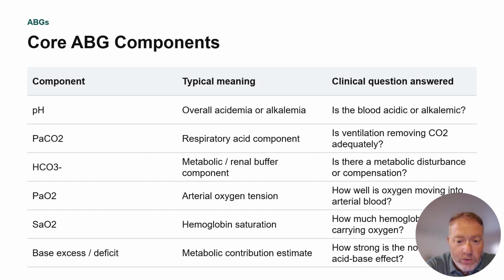Your PaO2 is your arterial oxygen tension, so how well oxygen is moving into the arterial blood. Your SaO2 is the hemoglobin saturation, how much of the actual hemoglobin is carrying oxygen. And then base excess or deficit is a metabolic contribution estimate, and we'll go less into that.